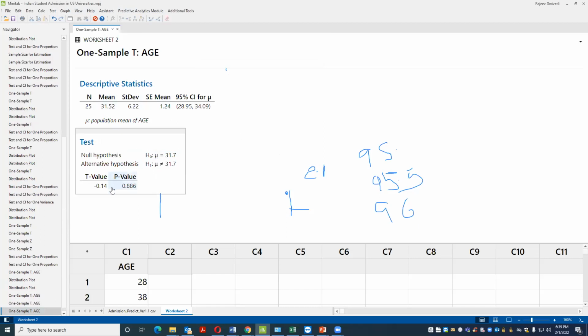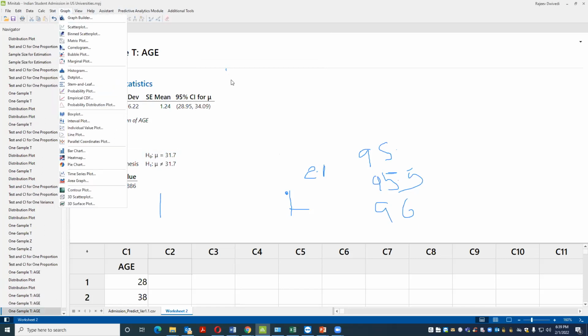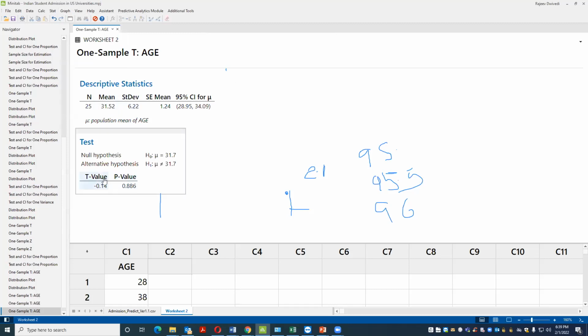So any value which is very close to this, with changing a little bit of value, it can accept or reject. That is also a reason for another error, that selecting this benchmark value, like 31.7 or 30, our hypothesis can be accepted or rejected with a decimal difference.